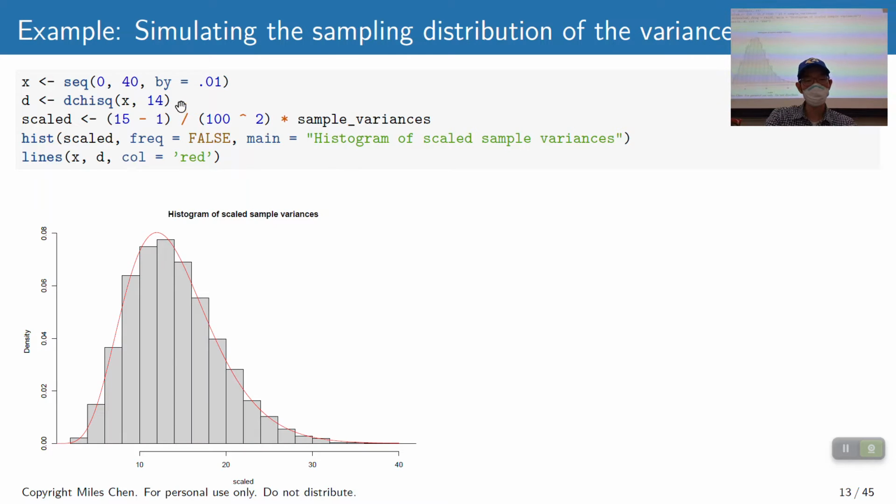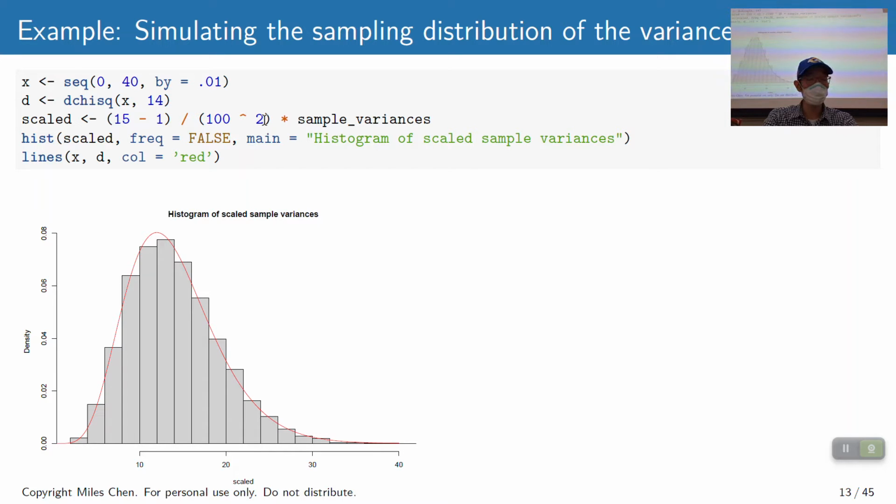If I plot the scaled values and plot the theoretic chi-square density against it, we see quite a close match between the chi-square density and the sampling distribution that I simulated.